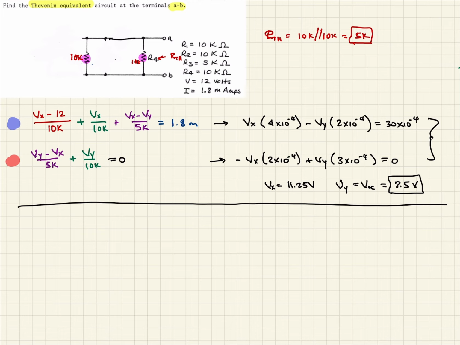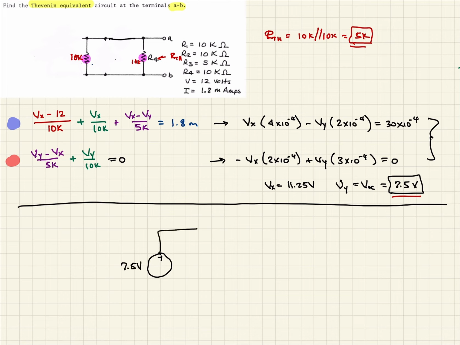So now we have our open circuit voltage, we have our Thevenin resistance. So now we should be able to draw our Thevenin equivalent circuit. So when we do, remember, Thevenin equivalent circuit is our open circuit voltage here. So that's 7.5 volts.